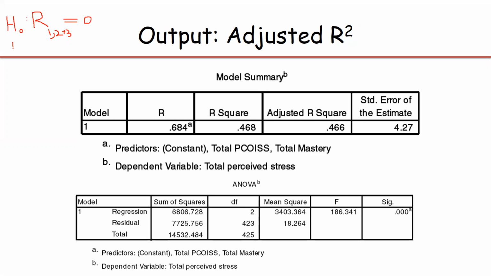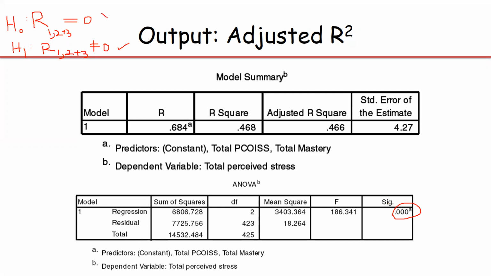If this correlation is significant, the alternate hypothesis is R 1 comma 2 plus 3 is not equal to 0. So this p-value is 0. How can we interpret this p-value? It is smaller than 0.05, meaning this correlation is significant.